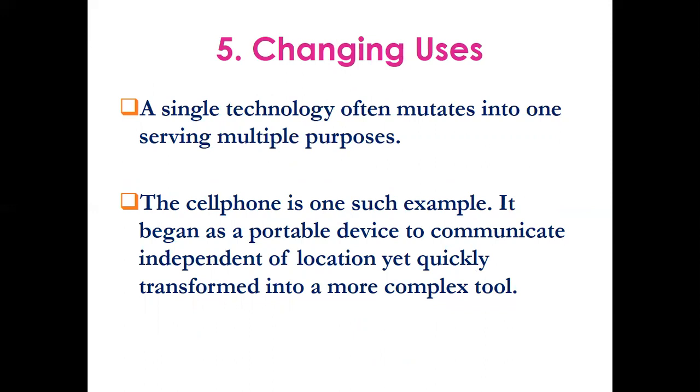Then there was changing uses. A single technology often mutates into one serving multiple purposes. So the cell phone is an excellent example. It began as a portable device to communicate independent of location, yet quickly transformed into a more complex tool. So now your phone has become your clock and watch.